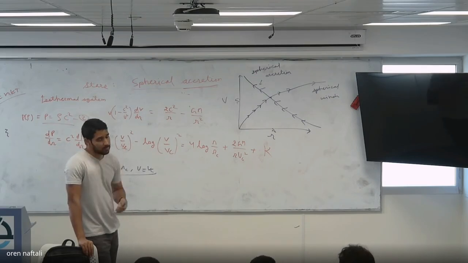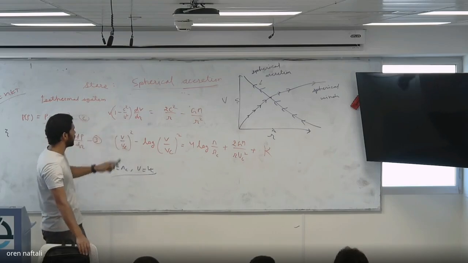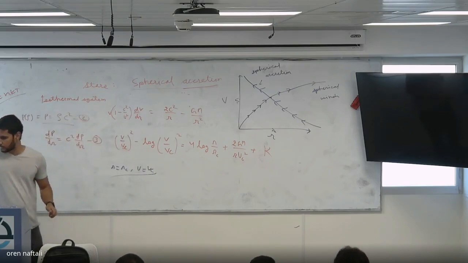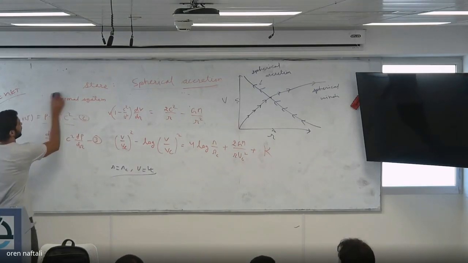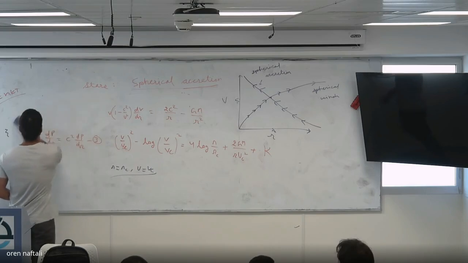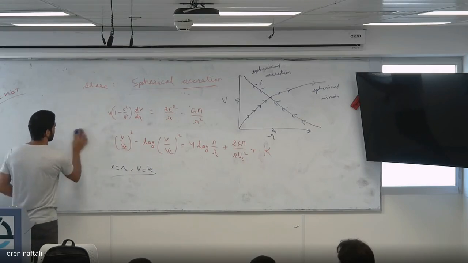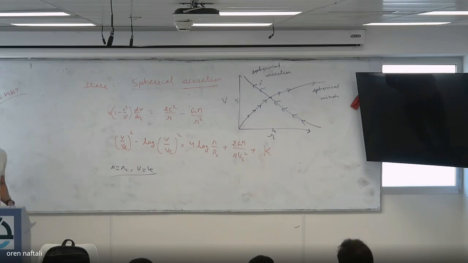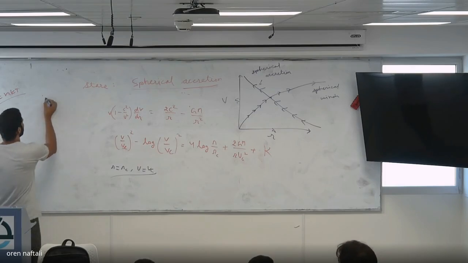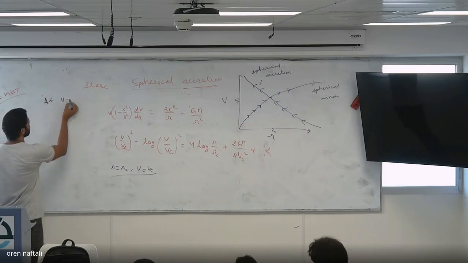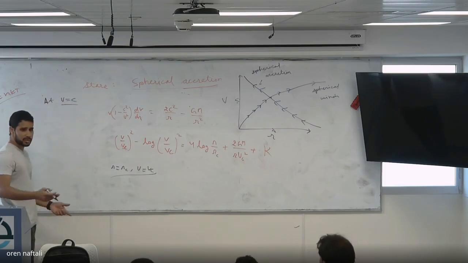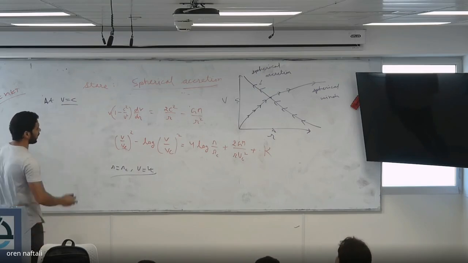If you solve it numerically, you will not be able to solve it. Why? Because what happens at V equals c? Something peculiar happens. At V equals c, which means the sonic point, what is dV/dr?